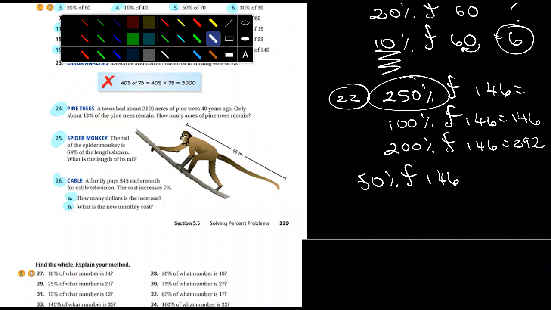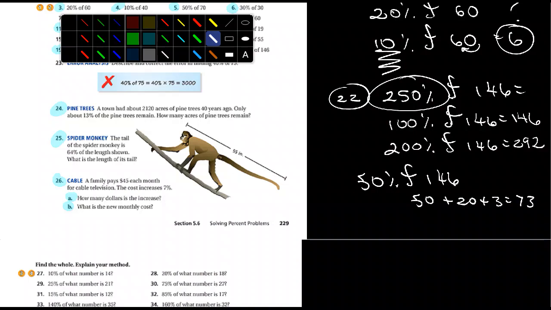These kinds of processes, most of you should be able to just do in your head. So what's half of 100? 50. What's half of 40? 20. What's half of 6? 3. So 73. See what I did? See how easy that was? I just broke it down into chunks I can work with.